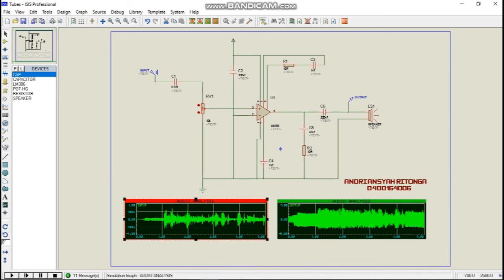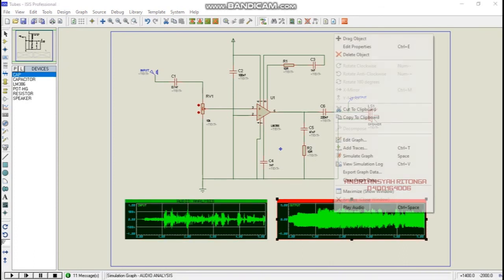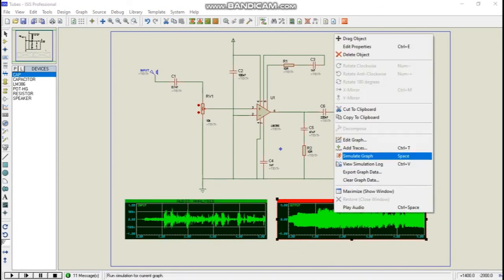Okay, from the audio analysis, the sound is normal and standard as we hear. And let's begin to simulate the graph for the output.